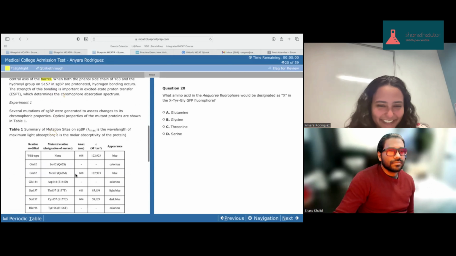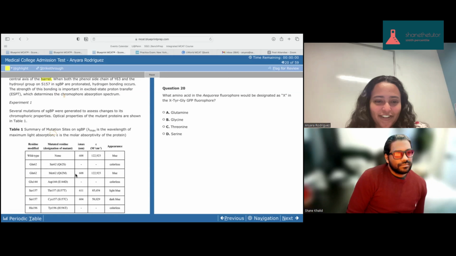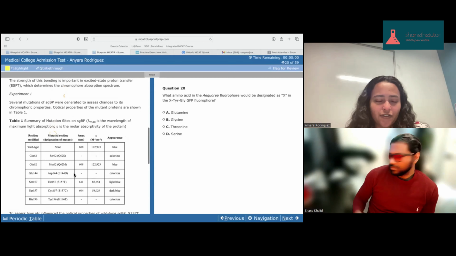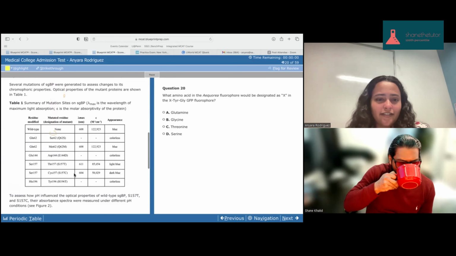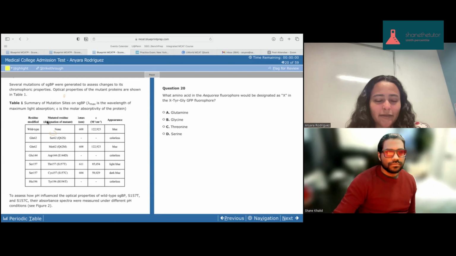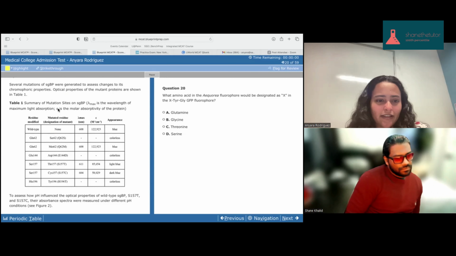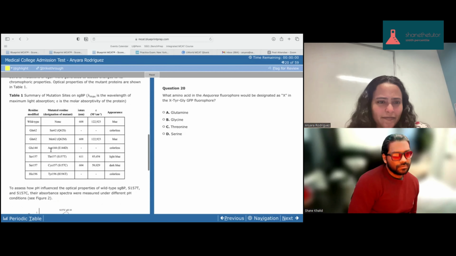Experiment 1. Several mutations of SGBP were generated to assess changes to its chromophoric proteins. Optical properties of the mutant proteins are shown in Table 1, which summarizes mutation sites on the protein, where the wavelength max is the wavelength of maximum light absorption. Epsilon is the molar absorptivity of the protein.